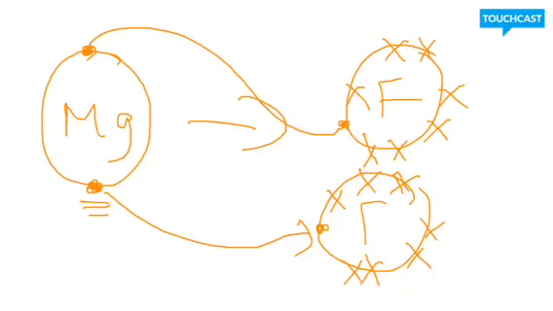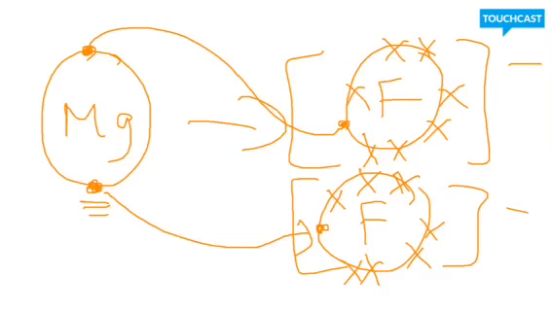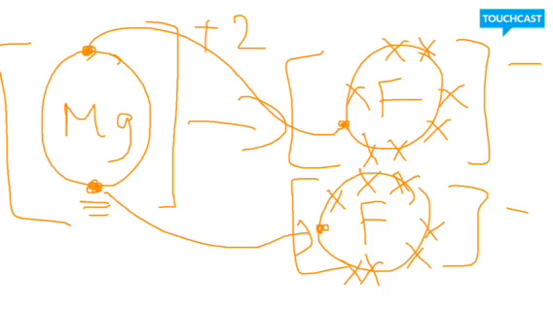So fluorine would become -1. Ladies, it doesn't become -2, it becomes -1 because here we have 2 atoms of fluorine. So each one of them will take 1 from magnesium. So here we have fluorine, which is -1, and here we have magnesium, which is +2.